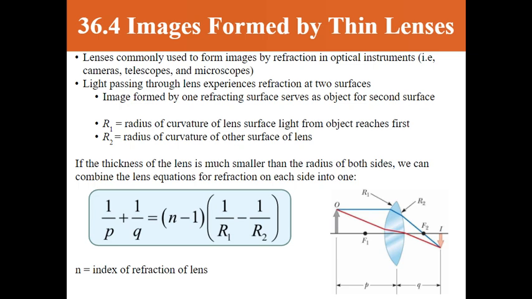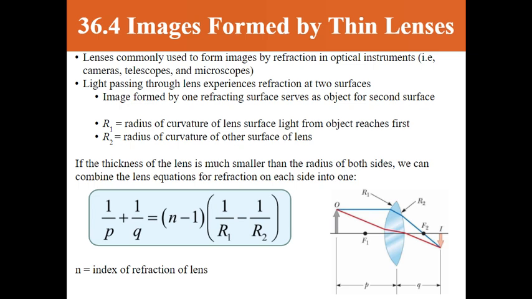You can think of light passing through a lens like in the drawing shown at the lower right, where light refracts into the lens and then within the lens refracts again coming out of it, like we saw with the prism. So there's twice the amount of geometry to account for compared to the refracting surface of the last section.